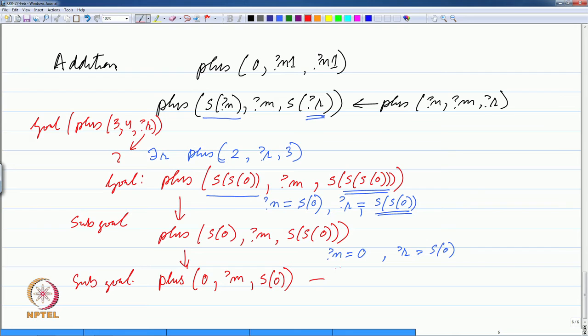Now, this one matches plus 0 n 1 n 1, and what is the substitution, that M is equal to n 1 is equal to successor of 0.